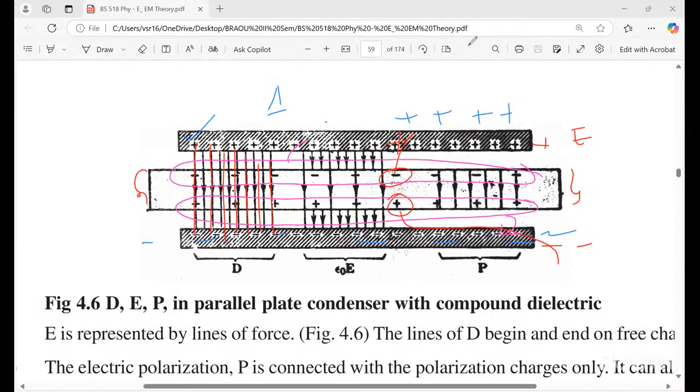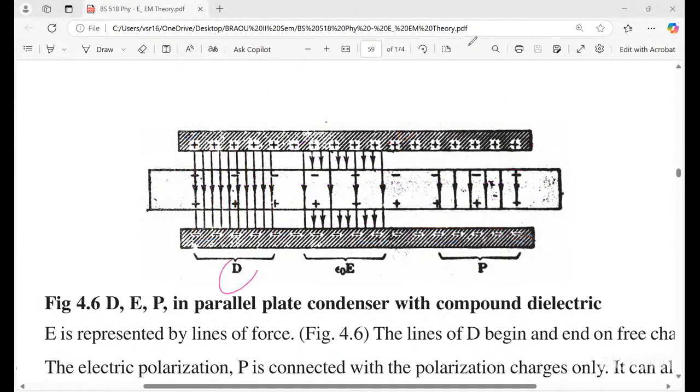Okay. So next one, this is the displacement current. And whereas here the electric field, you can observe a direct line from positive to negative, and inside the dielectric slab, there is a negative to positive.